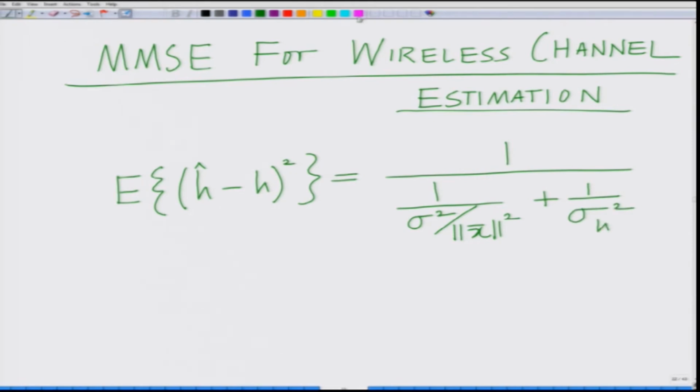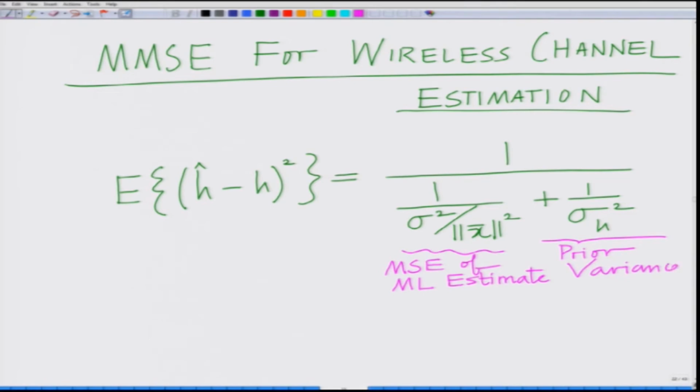This is the MSE of the maximum likelihood estimate, and this is the prior variance.